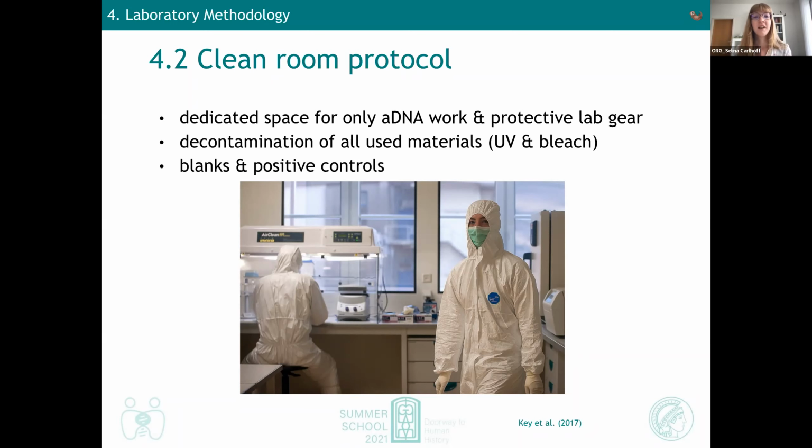And so it's easier to troubleshoot where the problem happened. But luckily, this doesn't happen very often, neither that the blanks are contaminated, nor that the positive controls do not work out. But it's very important to keep them along and to check also for background contamination that might be present in the laboratory.